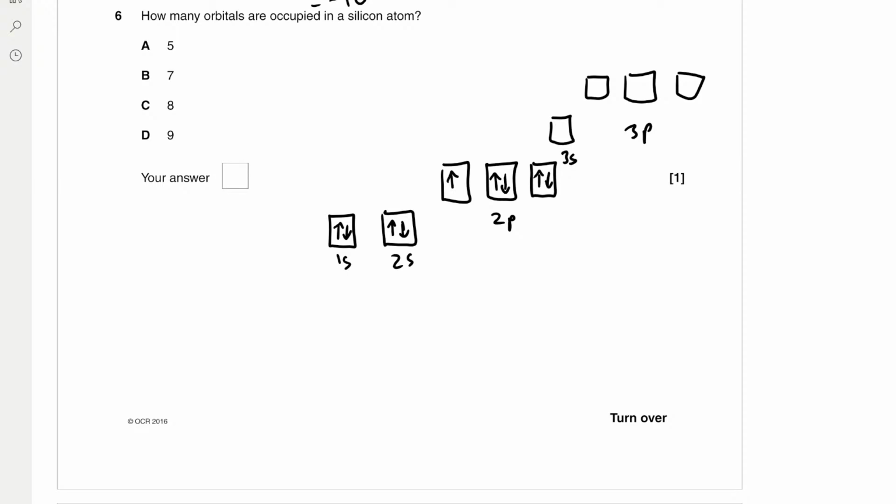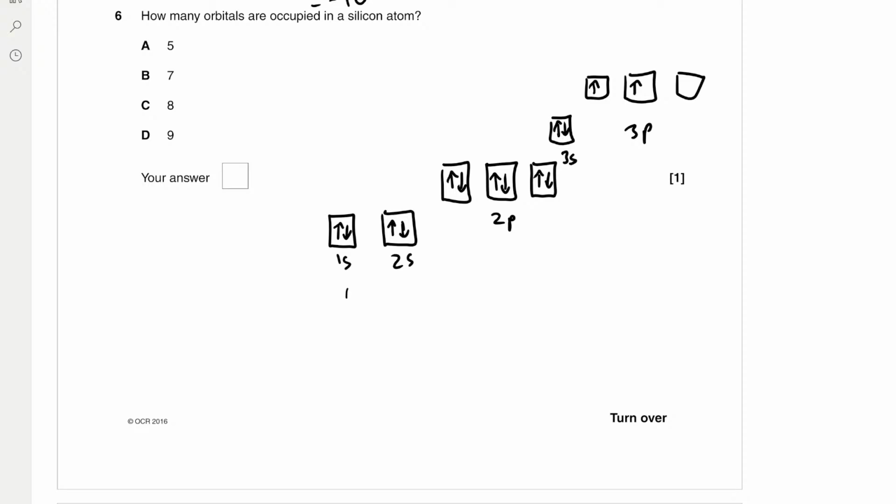So this is all full. And then 3p is where we have empty, or well, not empty orbitals. Yeah, empty orbitals. So we have our 2 electrons in the 3p orbitals, and then all the other orbitals are occupied.